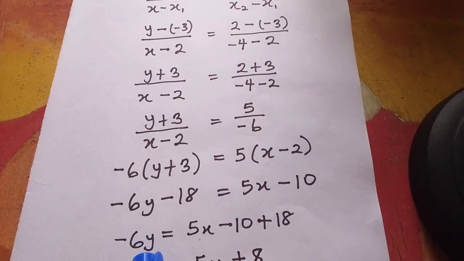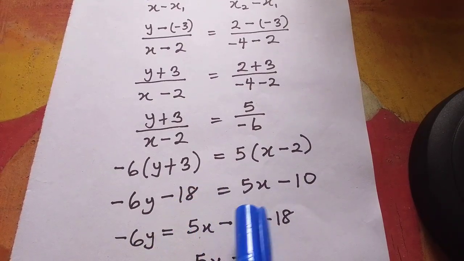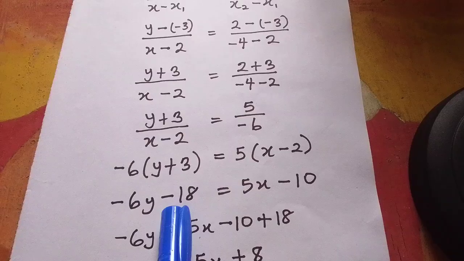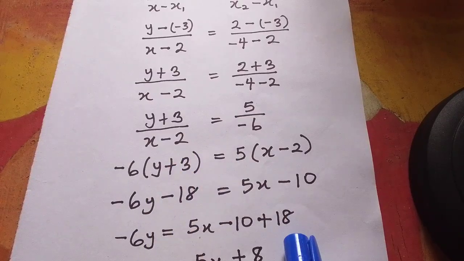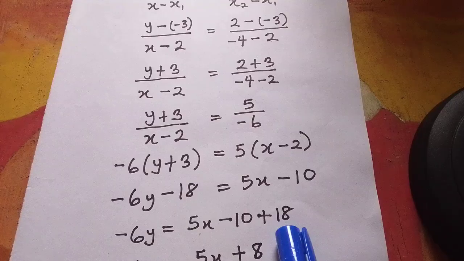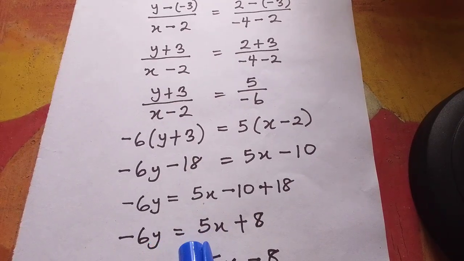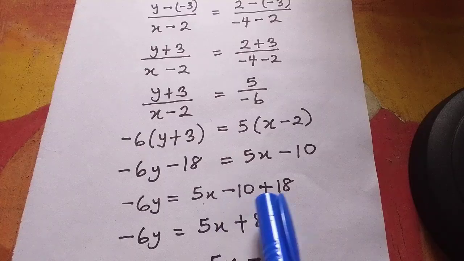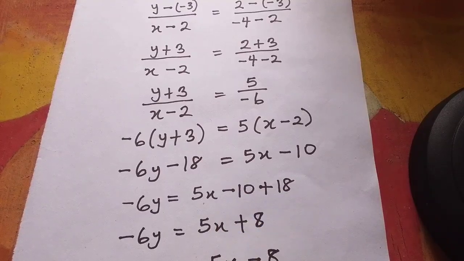So you have minus 6y minus 18 equals 5x minus 10. Now bring this minus 18 to the other side, where it turns to plus. So you have 5x minus 10 plus 18. So you have minus 6y is equal to 5x, and minus 10 plus 18 will give us plus 8.